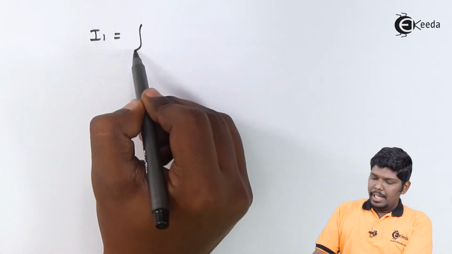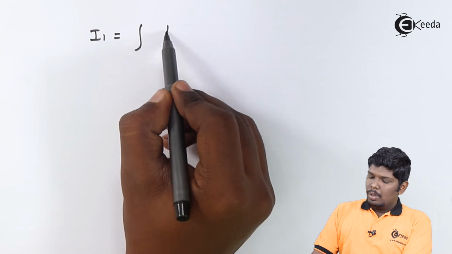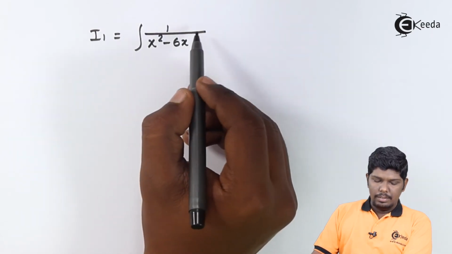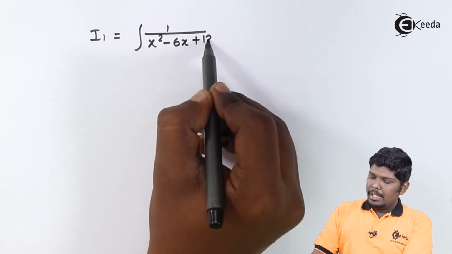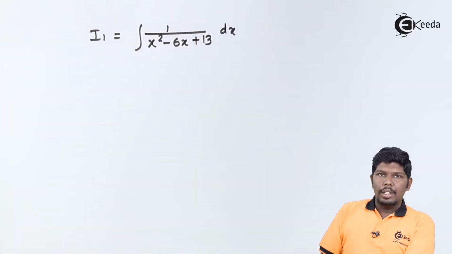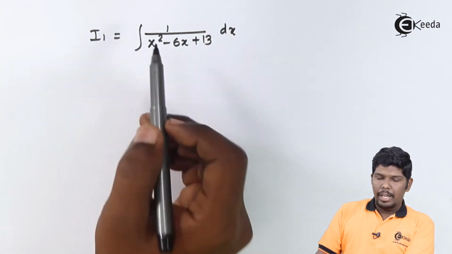I1 is integral 1 upon x square minus 6x plus 13 dx. Therefore, we can directly go for the third term as coefficient of x square is 1.